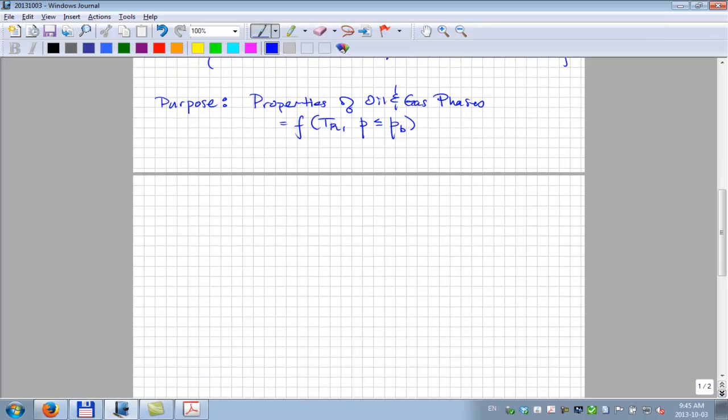Okay? That's the purpose. So what are the properties? The properties are essentially density of oil, density of gas, typically expressed as Z factor of the gas and its molecular weight or specific gravity.